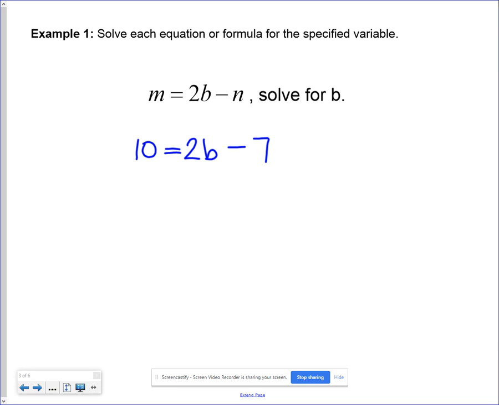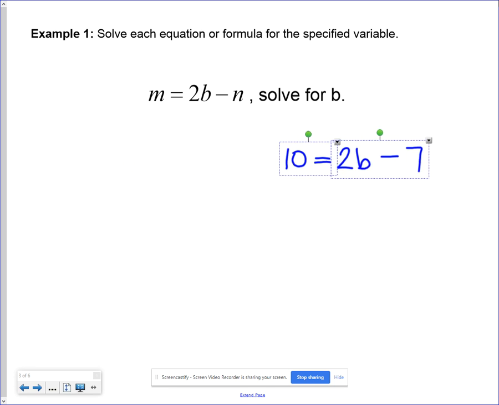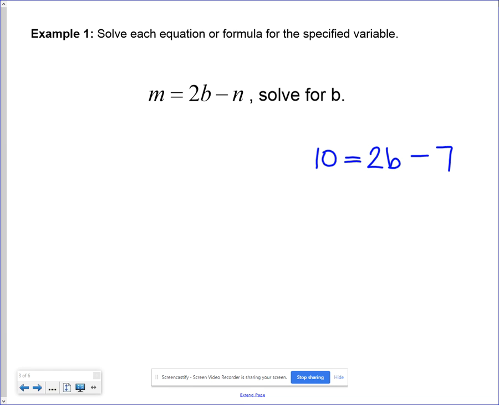Okay? So this equation in blue might be easier for you to solve. How would we solve this equation in blue? What would the first step be? Well, we would add 7 to both sides, right? And then we get 17 is equal to 2b.